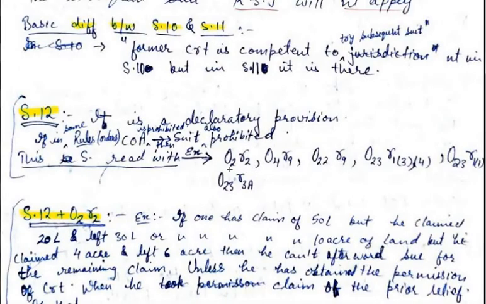फॉर एग्जाम्पल, जैसे ऑर्डर टू रूल 2, यू विल रीड सेक्शन 12 विद ऑर्डर टू रूल 2, देन यू रीड सेक्शन 12 विद ऑर्डर 9 रूल 9, ऑर्डर 22 रूल 9, ऑर्डर 23 रूल 1 सब रूल 3, 4, and order 23 rule 1 sub rule 1, then order 23 rule 3A.